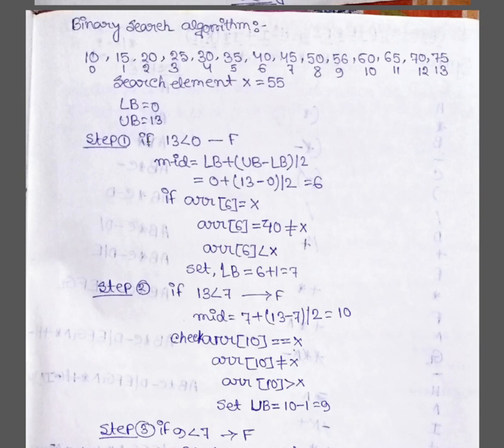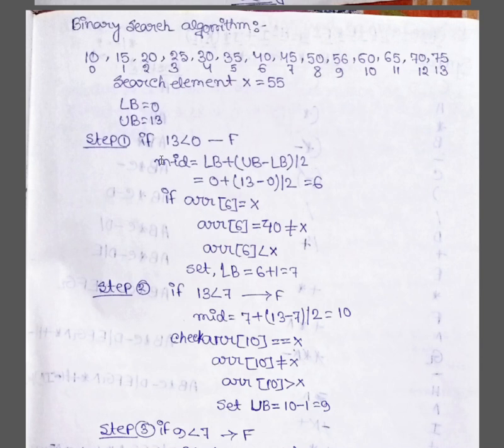So the first step is, there is an if condition, that is 13 less than 0. That means if the upper boundary is less than the lower boundary, if this condition becomes false, then we have to perform this operation: mid is equal to lower boundary plus upper boundary minus lower boundary by 2.